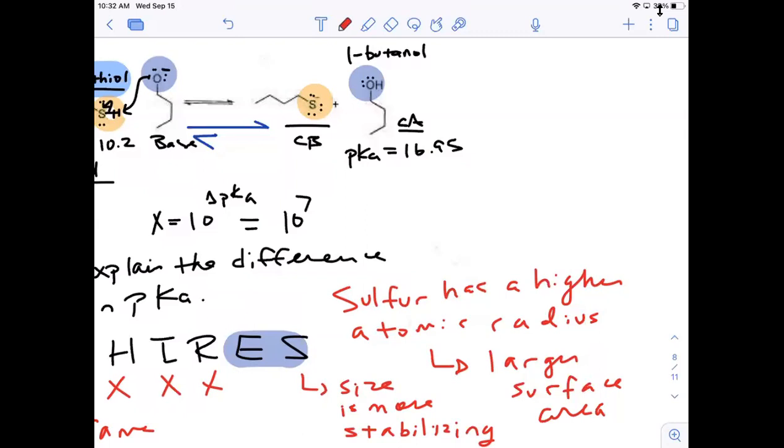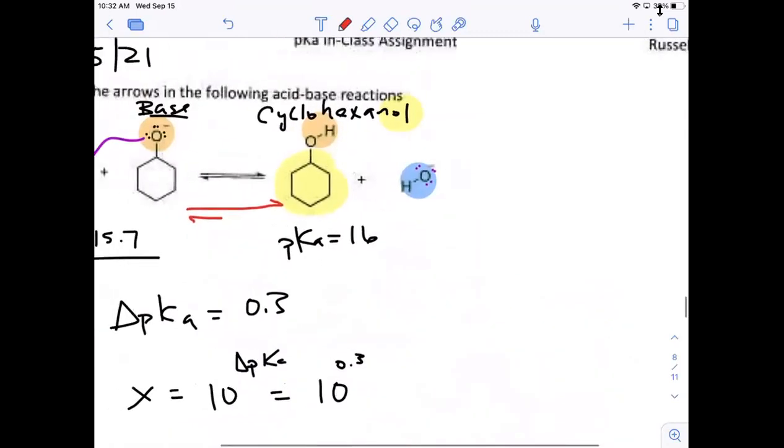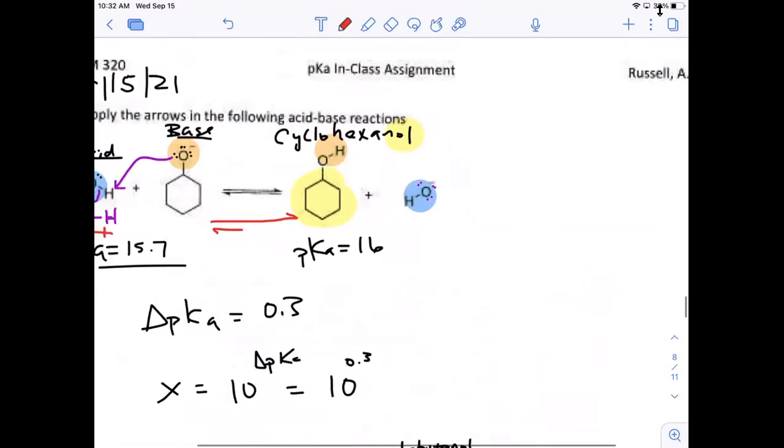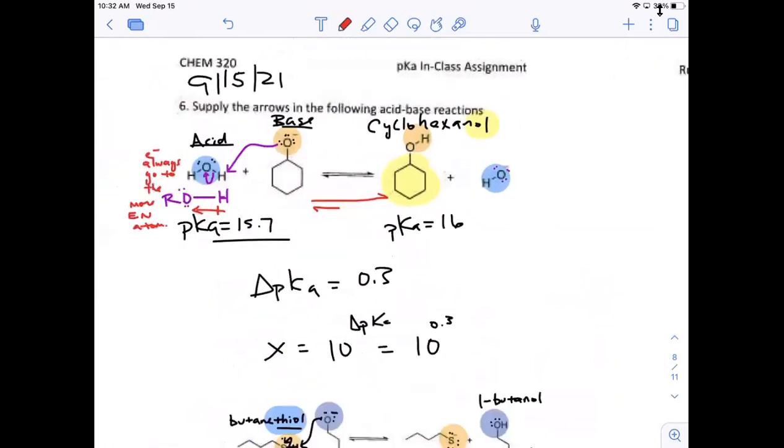But the acidity difference, like up top, that's why the acidity difference is not that much greater between water and cyclohexanol, right? It's only 0.3, because there's really nothing that distinguishes those two things from one another.